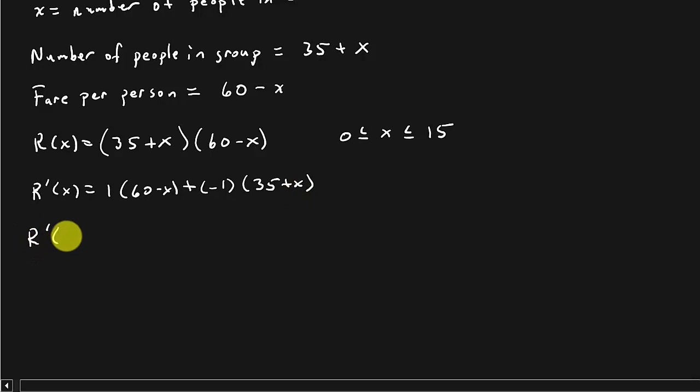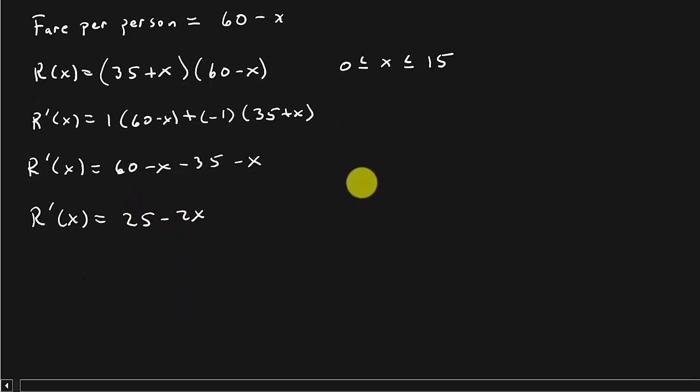And so R prime of x would be 60 minus x minus 35 minus x. So I get R prime of x is equal to 25 minus 2x. So 25 minus 2x equals 0, 2x equals 25, x equals 12.5.